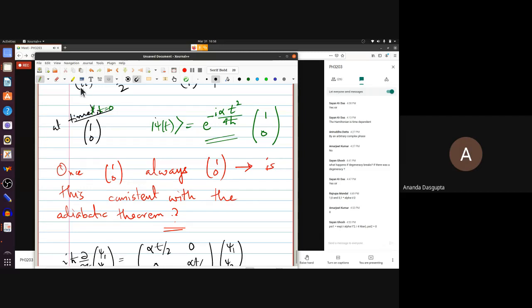This could be at t equal to some large negative time, let's say. Of course, if the initial condition were given at some time t0, then this formula will only change slightly. This expression will simply change to t minus t0 whole square instead of t square. That's all. It's pretty straightforward to figure out that is going to be the case.